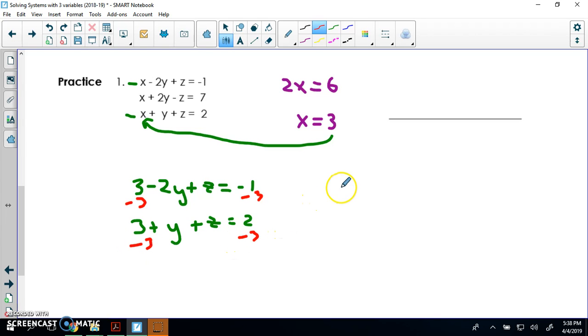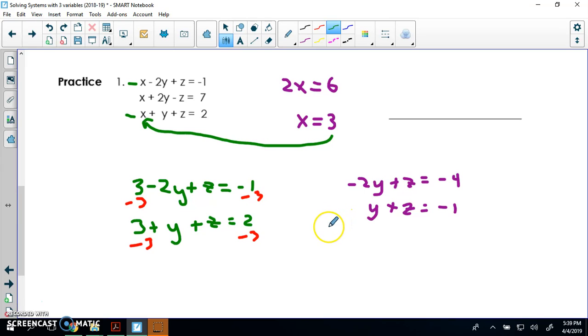All right, so I am going to end up with -2y plus z equals -4. And I'm going to end up with y plus z equals -1. Okay, cool. I just moved those. So now I've got my constants over on this side, my variables over on this side.